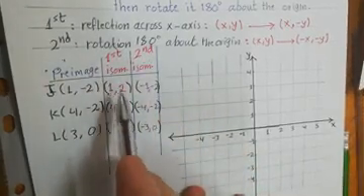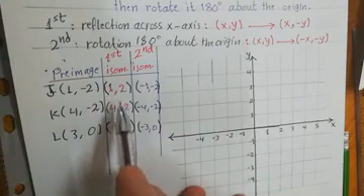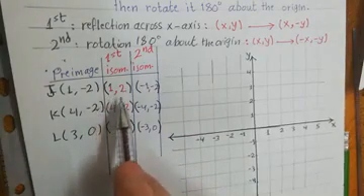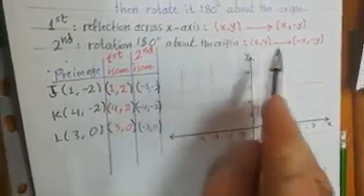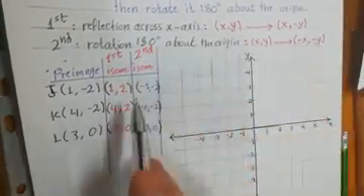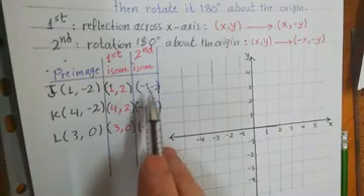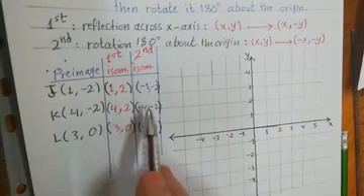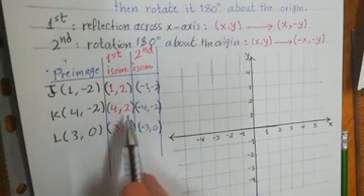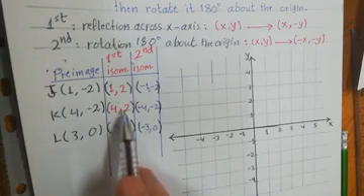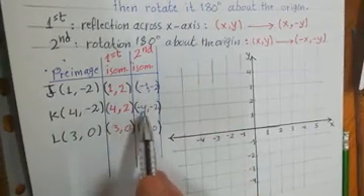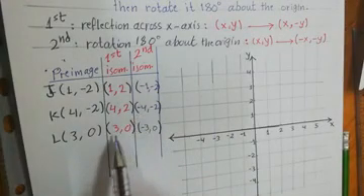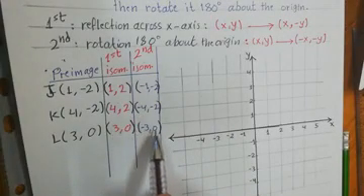Now I will make the second isometry, the rotation about the origin 180 degrees, on these new images. So this is J prime. If you rotate it 180 degrees about the origin, you will get (-x, -y), so it will be (-1, -2). This is J double prime. Now this is K prime. Rotate it 180 degrees about the origin, you will get (-4, -2), and for L prime you will get (-3, 0).